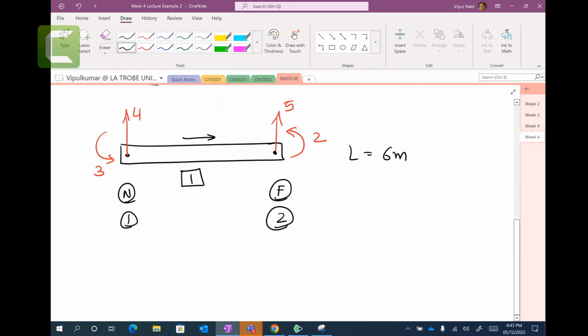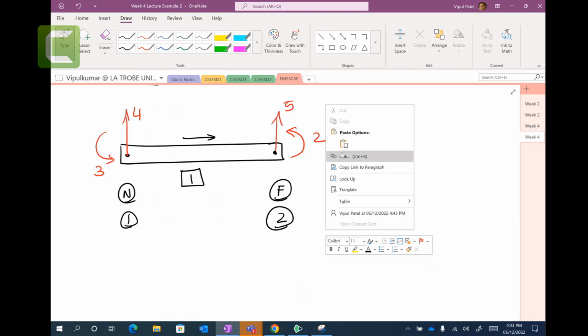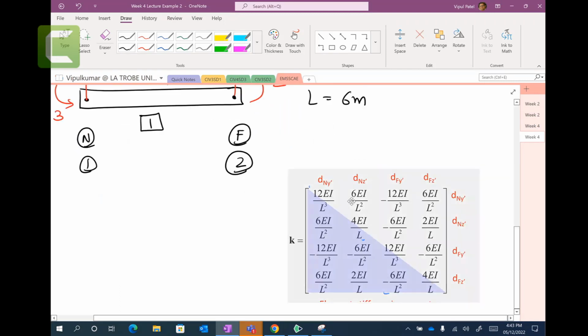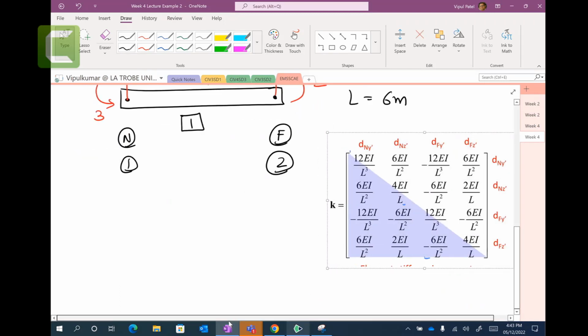So I hope you understand that. So no issue. We just get this information for you, and we can get this matrix here closer to us, so we can work it out.